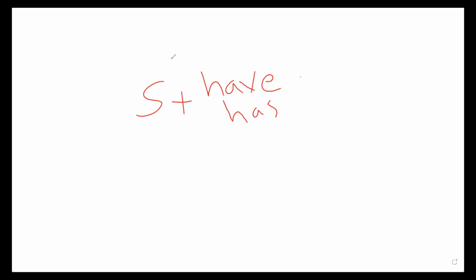So you are clear with the present continuous tense, and now we move to the present perfect tense. The formula for the present perfect tense is subject plus have or has plus verb 3. Tell me an example for verb 3. Went. Okay.